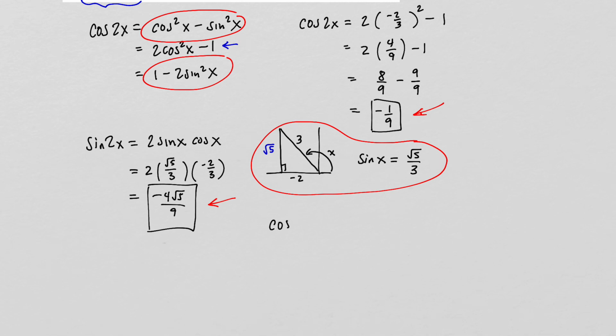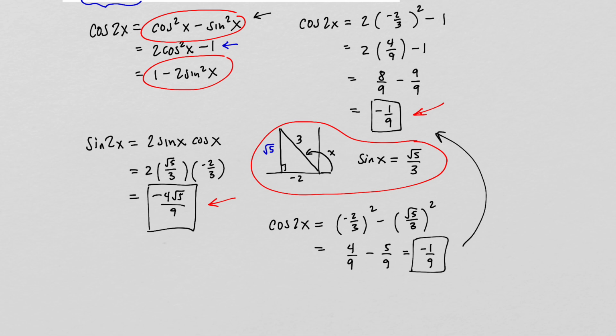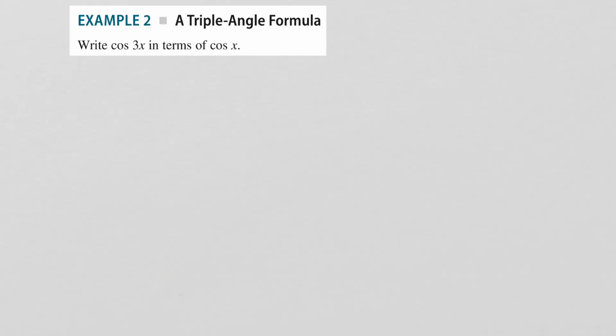So cosine of 2x, if I choose to use the first identity here, would be cosine squared of x, so that would be negative 2/3 squared, minus sine squared of x, which would be radical 5 over 3 squared. And this would be 4/9 minus 5/9, which is negative 1/9. So you see you get the same answer as we got before. And of course, if you use this formula, you would get the same thing.